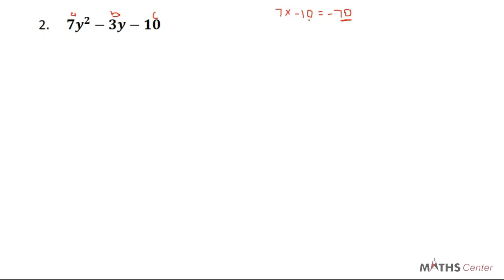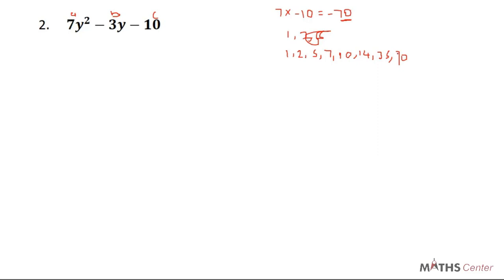factors of 70. We know that the factors of 70 are 1, 2, 5, 7, 10, 14, 35, and 70.